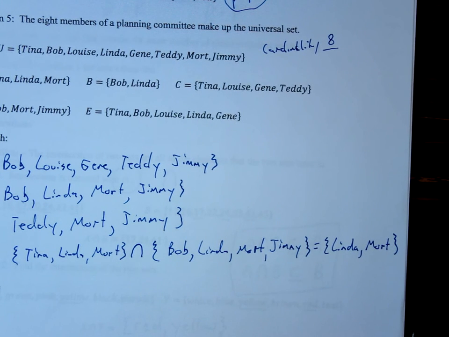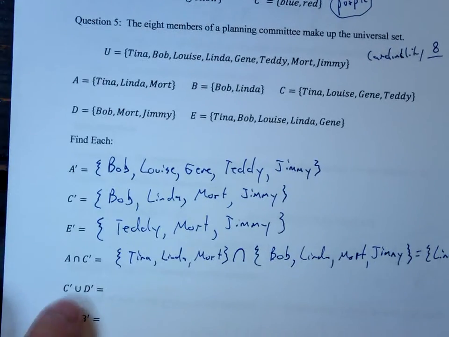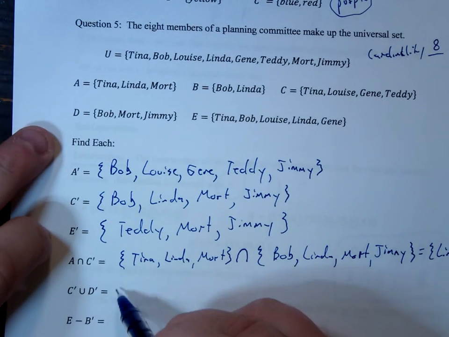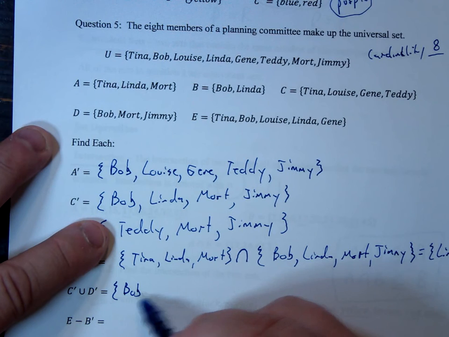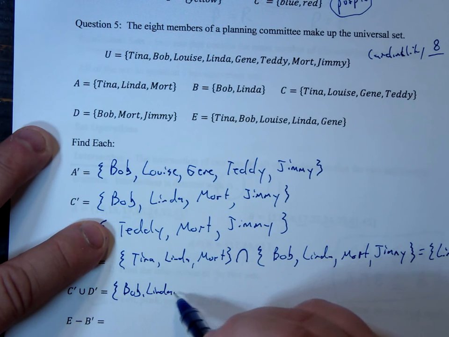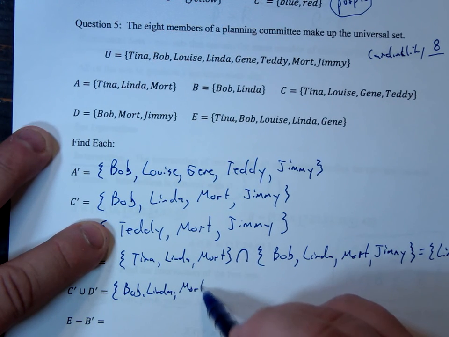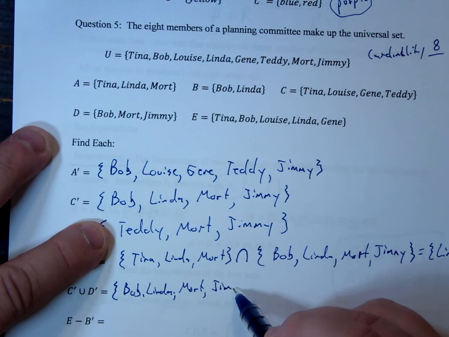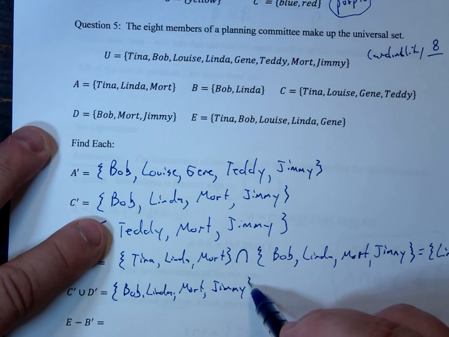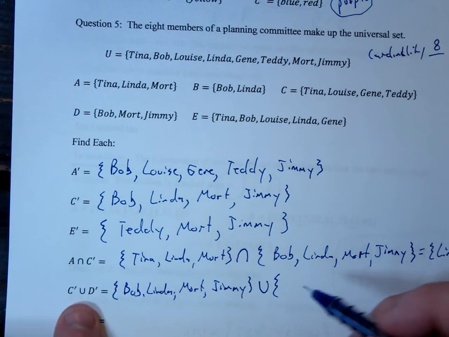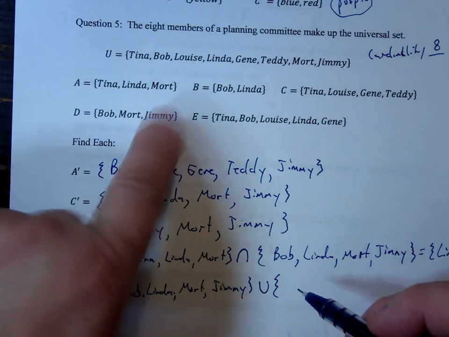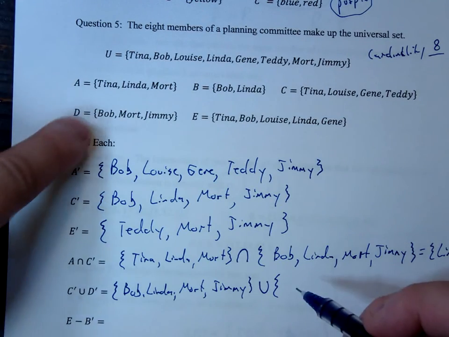All right. Using that C prime again, we'll just write that down. We won't go through it again. Bob, Linda, Mort, and Jimmy. This time I'm going to union with D prime. So D has 3, so there are 5 in D prime.